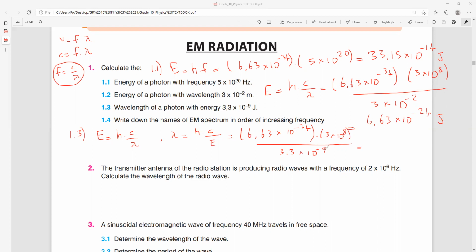Let's calculate it. 6.63 times 3 over 3. 6.62 times 10 to the power of negative, what are we getting? 17 is here. Negative 17, right? Negative 17 meters.